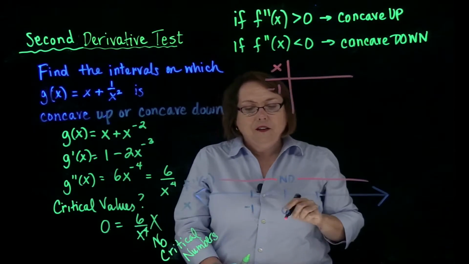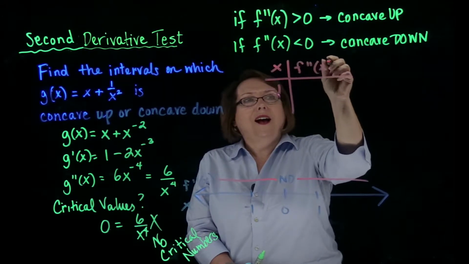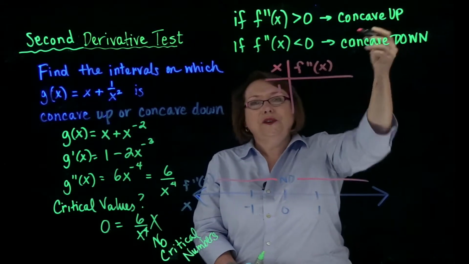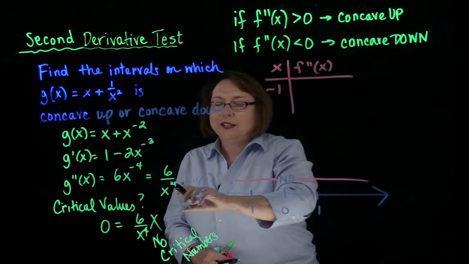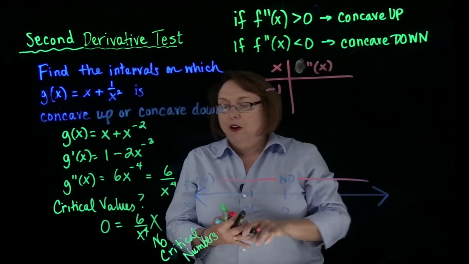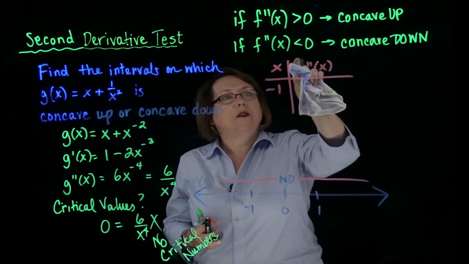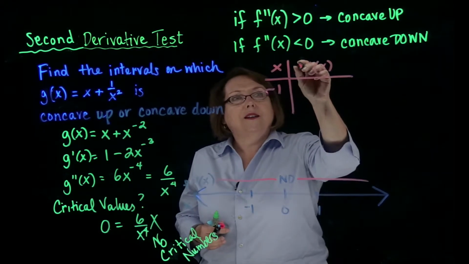So if x is -1, what am I calculating? I want the sign of my second derivative because I want to determine if it is concave up or down. So my second derivative is 6 over x to the 4th. And let's call it g double prime of x.